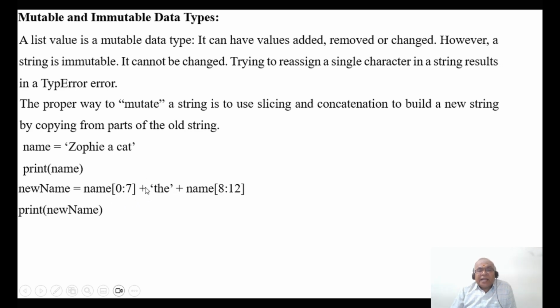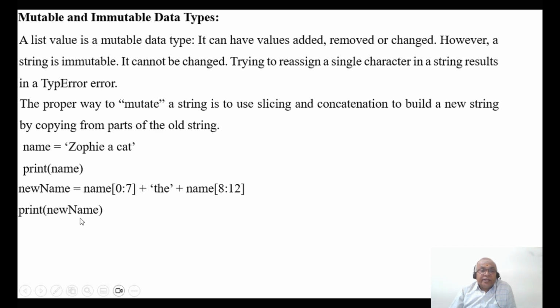And then I am concatenating the string with another string, which is D. After that, again I am moving forward. The 8th one is the space, 9th is the C, 10th is the A, 11th is the T, 12 is not included.